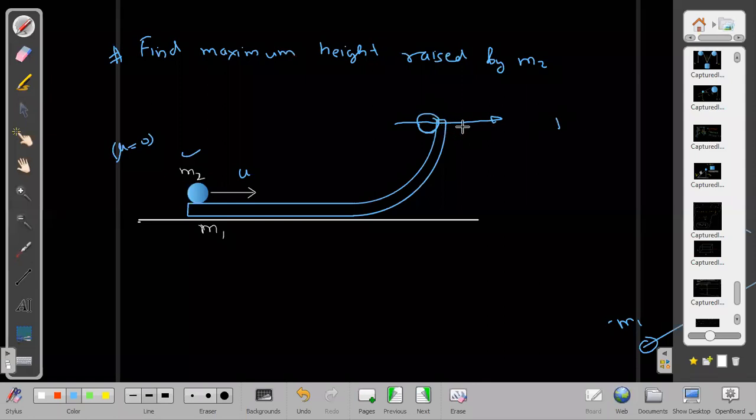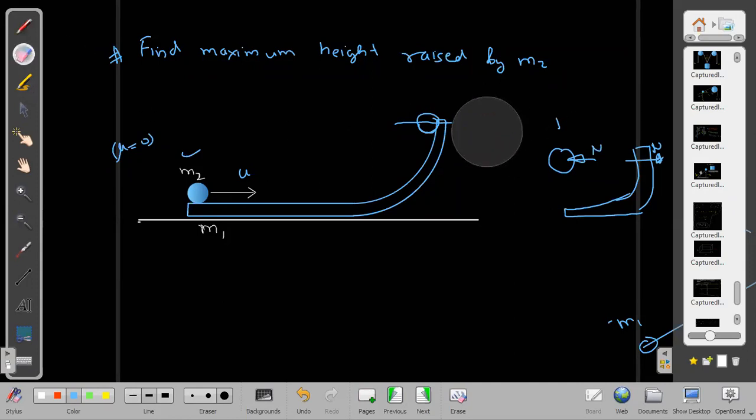If the wall becomes vertical, then we have the constraint relation which states that along the normal, the velocities have to be equal. This is the direction of normal acting on this. On this, normal is acting this side, and on this, normal is acting this side, on this surface. This is the line in which normal acts. So along the line of normal, the velocities have to be the same or not?